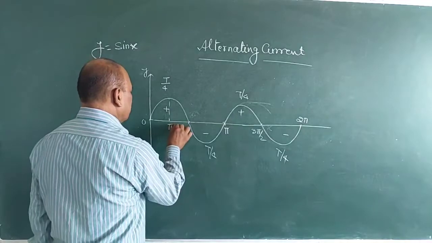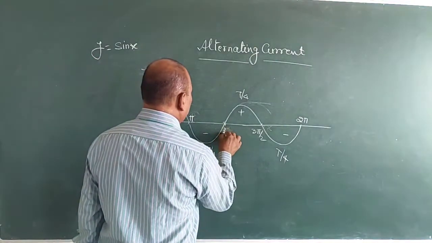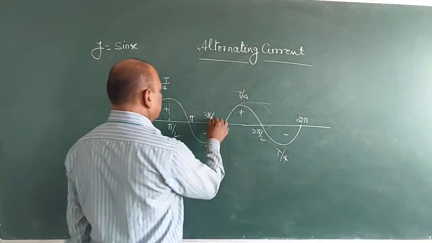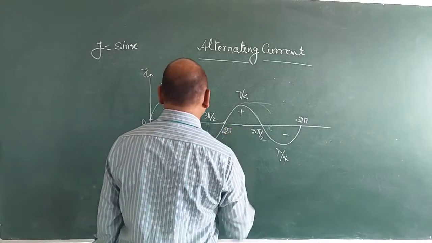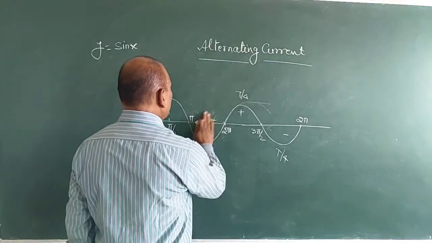Here this is pi by 2 and this is pi. Here it is 3 pi by 2 and again here pi, 3 pi by 2.